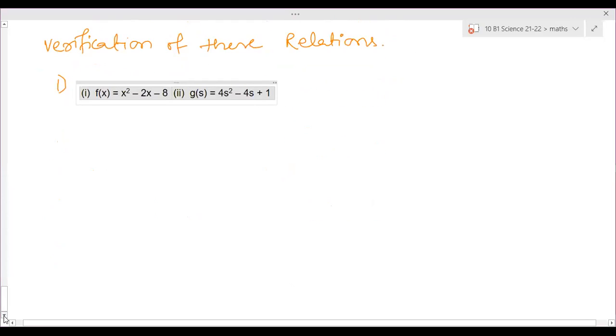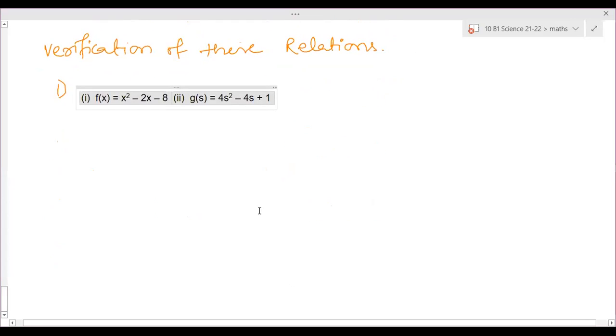Now these are the two polynomials where we have to verify these relations. For this, you have to do the middle term splitting, factorize and find the zeros. Take the first equation, x square minus 2x minus 8. You need product equal to minus 8. Since the product is negative, the difference of the two terms should be minus 2.